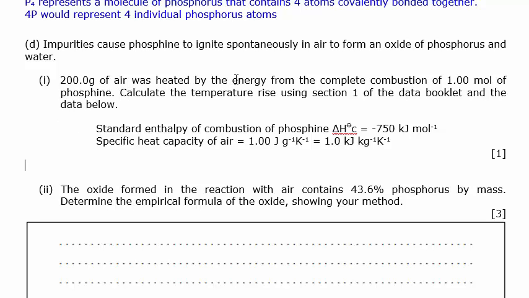200 grams of air was heated by the energy from the complete combustion of 1 mole of phosphine. And we're told that the standard enthalpy of combustion for 1 mole is 750 kilojoules.